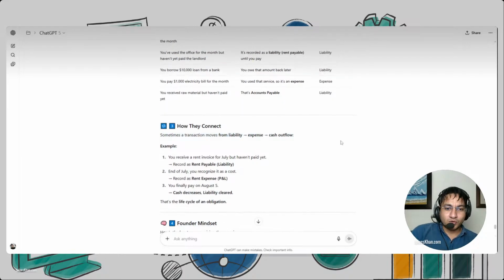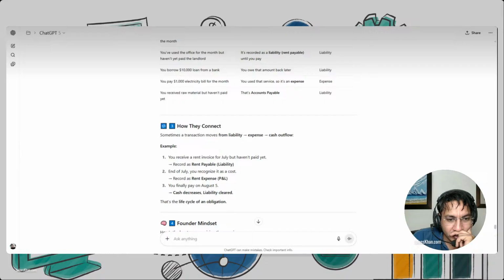Sometimes a transaction moves from liability to expense to cash outflow. Okay, let's say you receive a rent invoice for July but haven't paid, then rent payable becomes the liability. End of July, you recognize it as cost, recorded as rent expense.